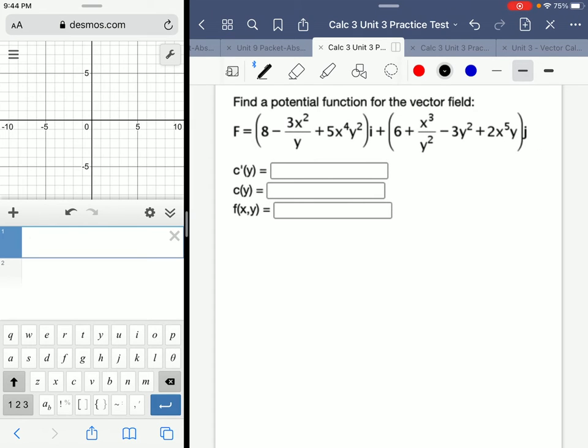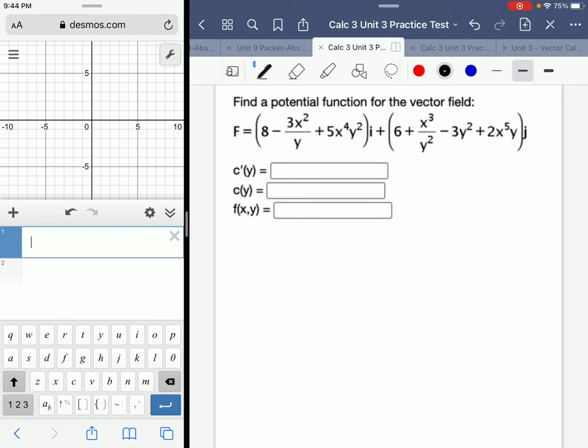So we have our P and Q. Now, very important, whatever we establish as the vector field, if it's going to be something that we can find a potential function for, as in the components make up a conservative vector field, then it needs to be the gradient vector of some function f. That's an assumption that we make going in. The best we can do is verify that it's a conservative vector field.